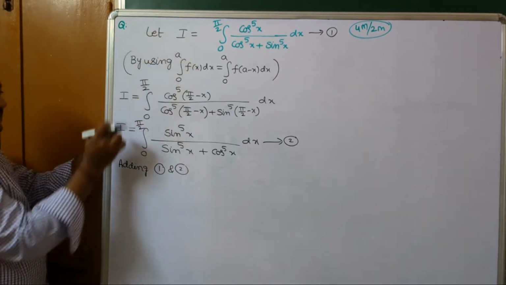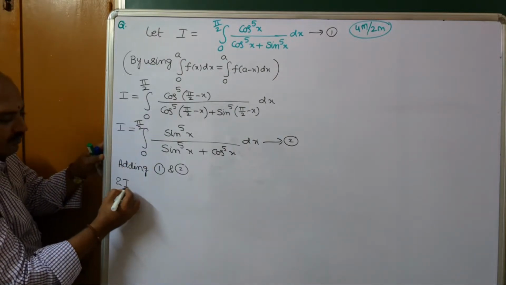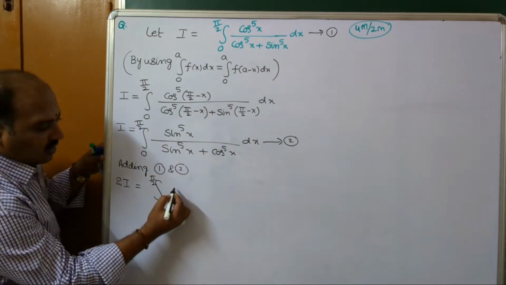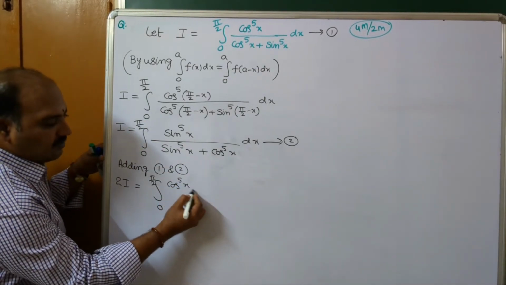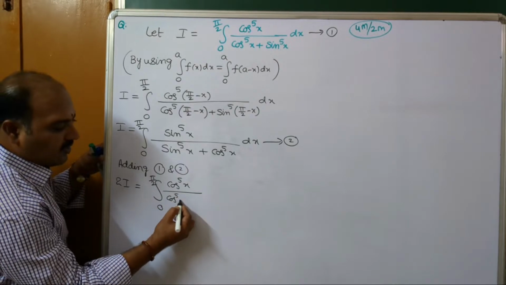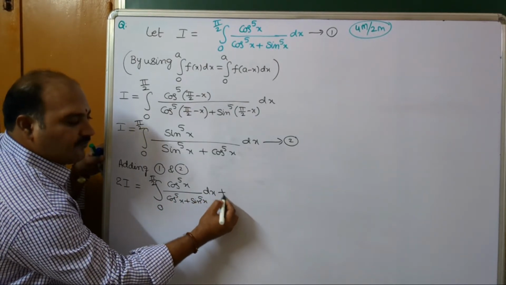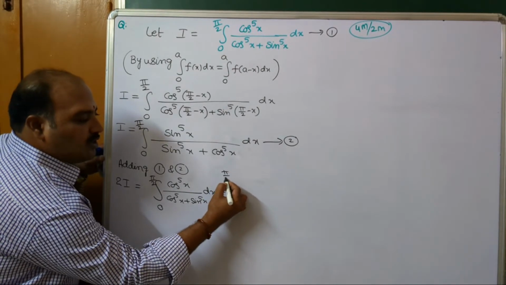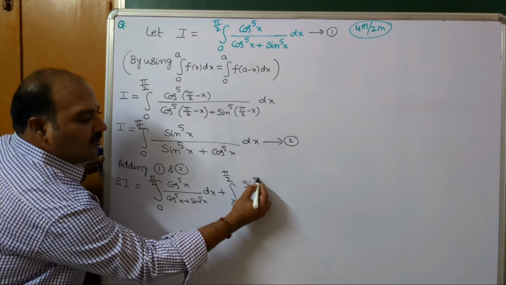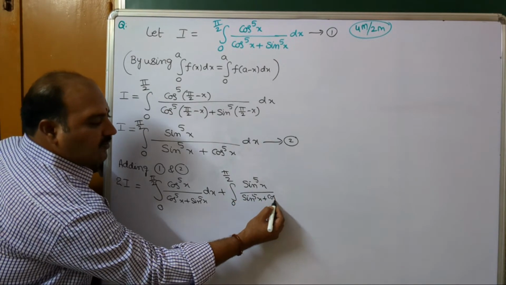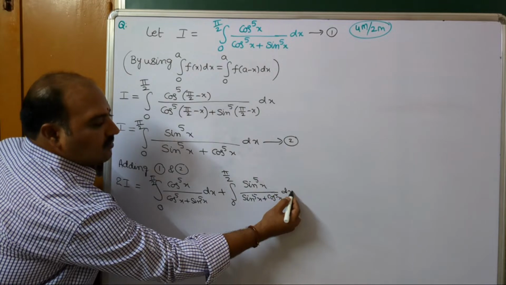So I plus I, that is 2I, is equal to integral 0 to pi by 2 cos power 5x by cos power 5x plus sin power 5x dx plus integral 0 to pi by 2 sin power 5x by sin power 5x plus cos power 5x dx.